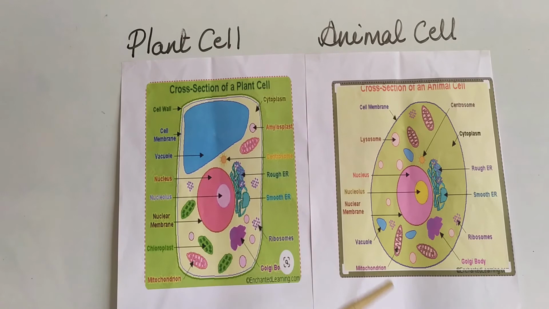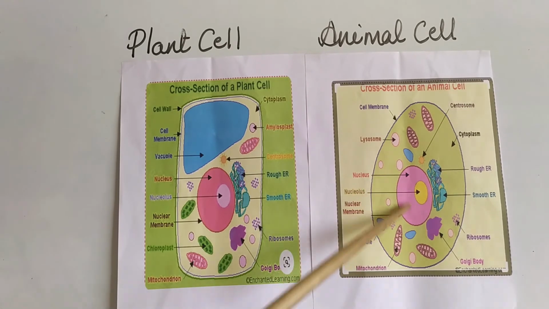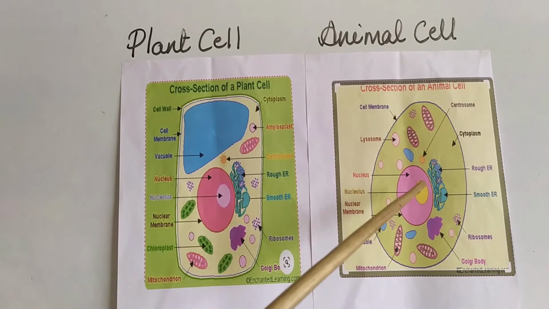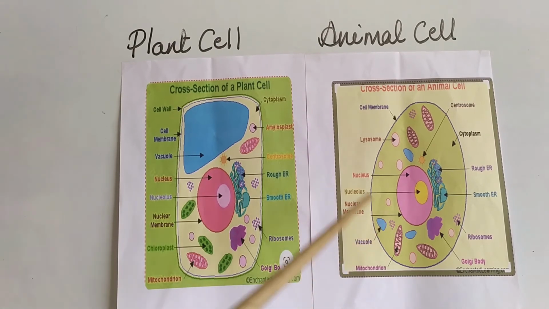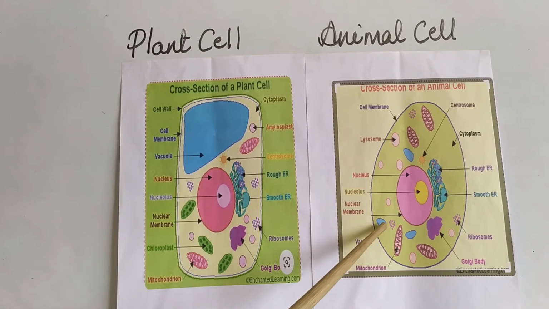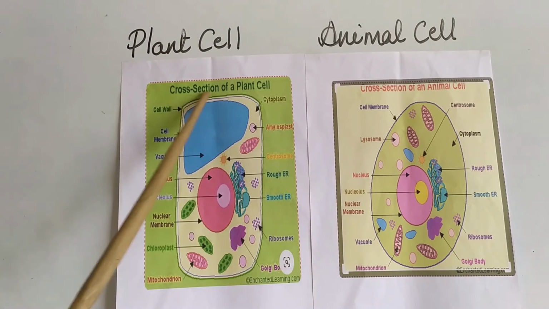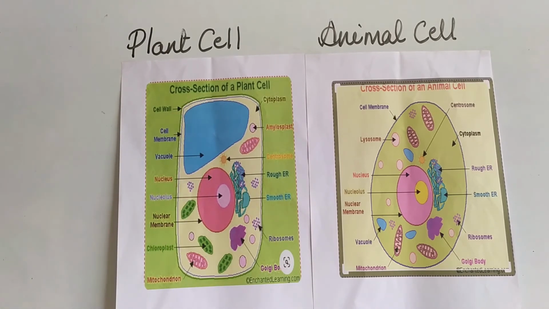Chromosomes are present in the animal cell because chromosomes are the heredity package material, but they are absent in the plant cell. Plants do not inherit their characters to the young ones. Vacuoles are either small or of negligible size in the animal cell, whereas they are large in the plant cell.